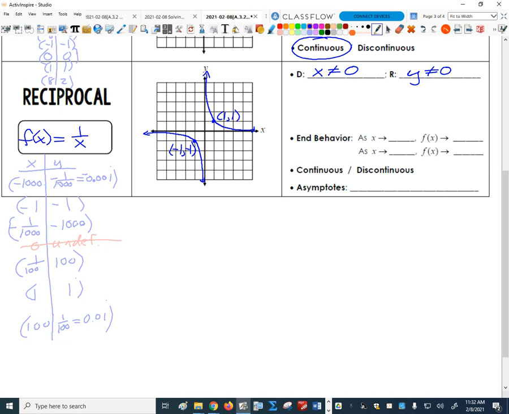Okay, now these end behaviors are going to be a little strange this time. What's this end behavior here? As x approaches infinity, so as an ant walks as far to the right as possible, what's the y value or the f of x value, the output value that the function is approaching?